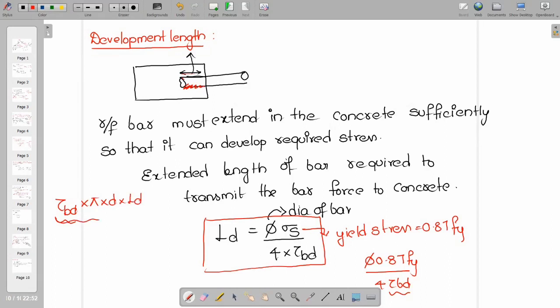This is the force, and it should be equal to the force in the steel, that is 0.87 Fy into the area of the bar, pi by 4 d square. Here pi cancels, one D cancels, so LD is equal to 0.87 Fy into D upon 4 tau bd. Are you clear how this formula came, students?